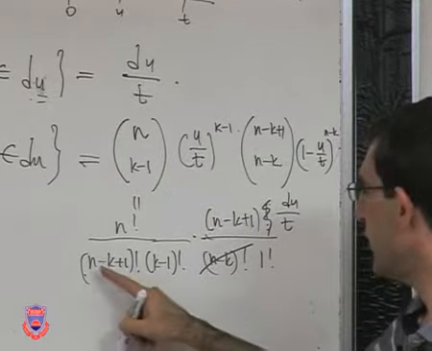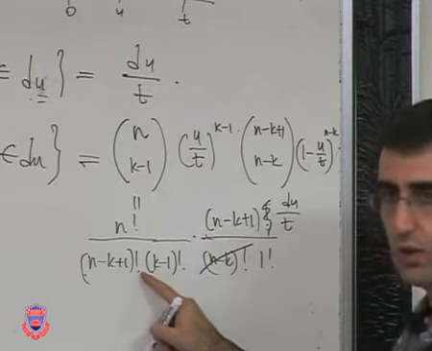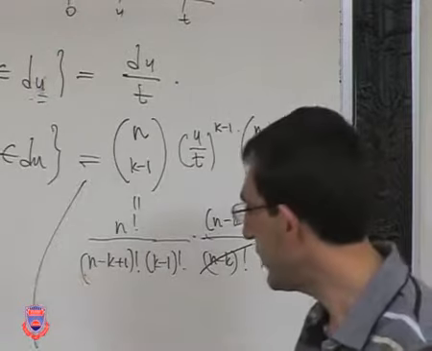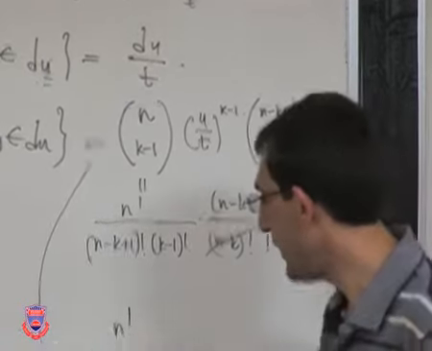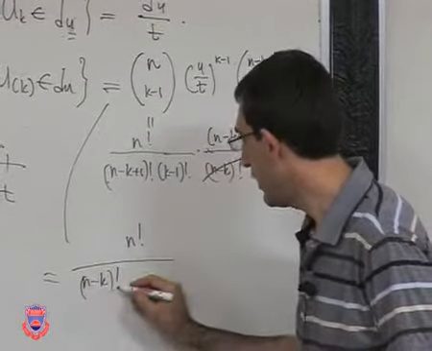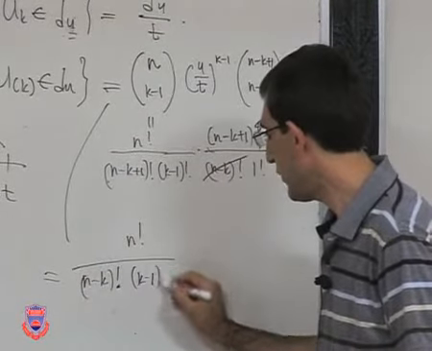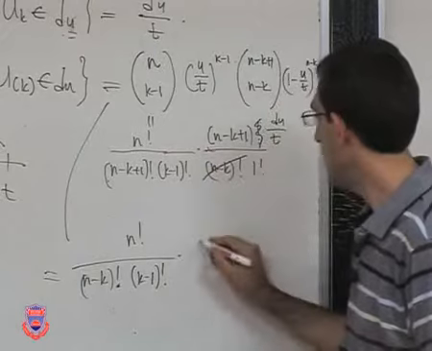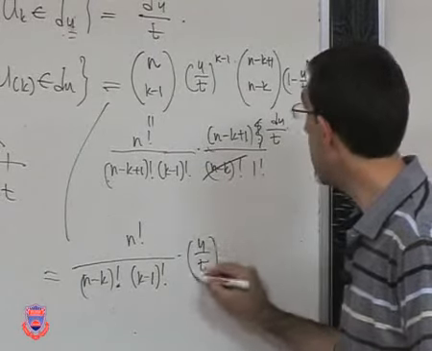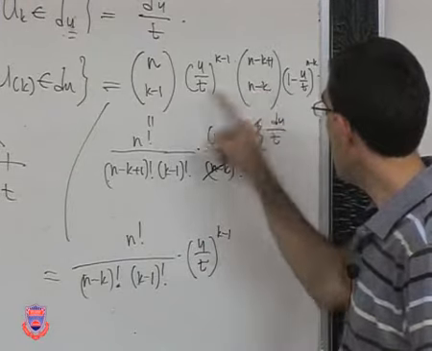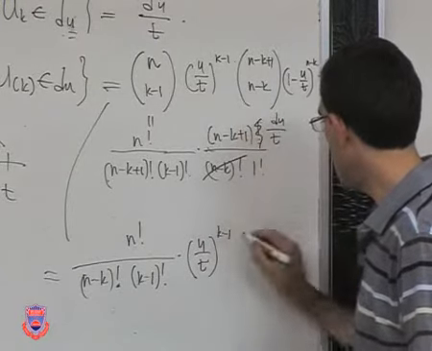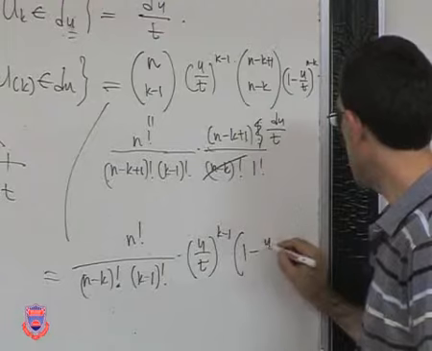So this is going to be n minus k factorial. So it is n factorial divided by n minus k factorial times k minus 1 factorial times u over t to the power k minus 1, then we took care of these two, therefore only this was left.